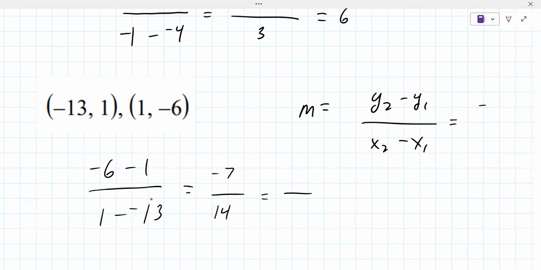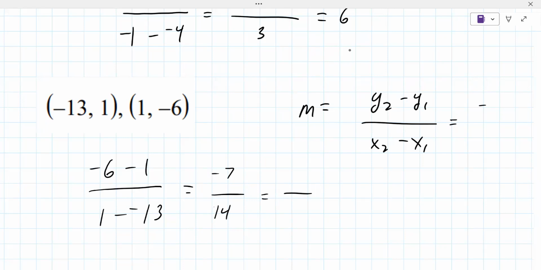You got to be looking for, does that work? Does 7 go into 14? Yes, it does. -2.